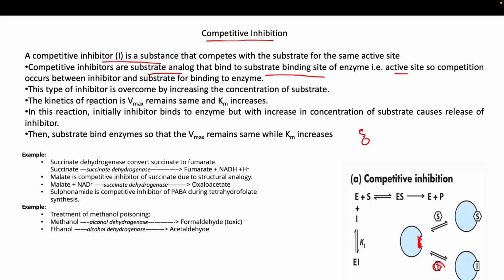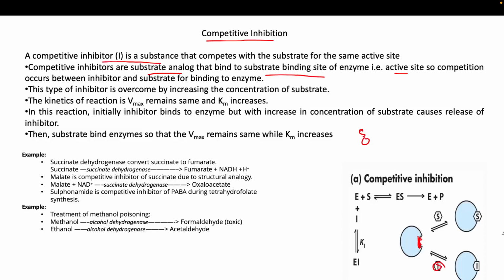In this case, the kinetics of the reaction will be such that Vmax remains the same and Km increases. Why? Because here there is a single site for binding, right?